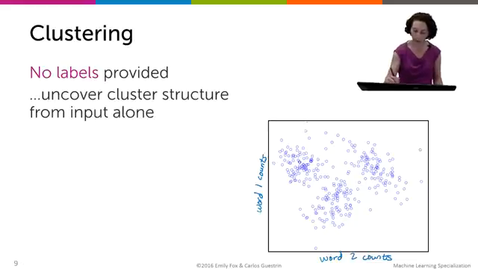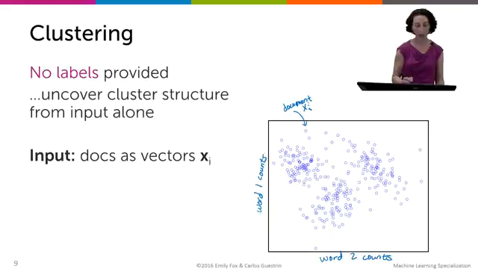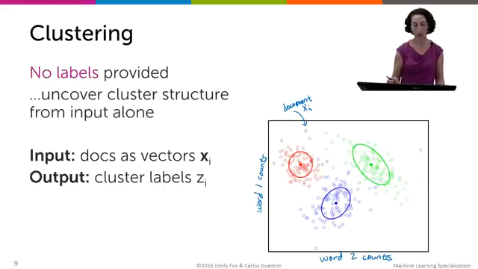And each one of these points is a given document, document xi. And so in particular, our input to the algorithm is going to be documents represented as vectors xi. But then the output are going to be cluster labels.